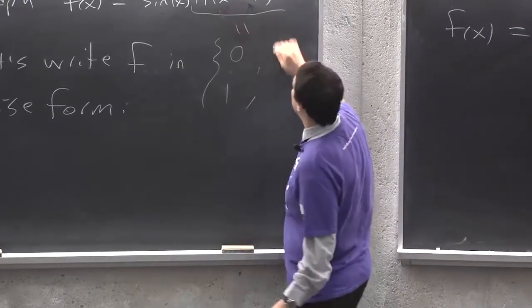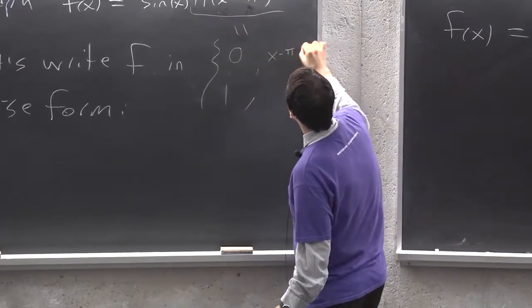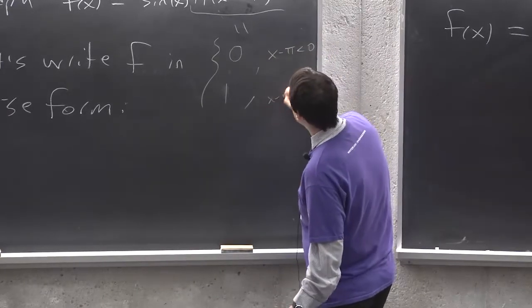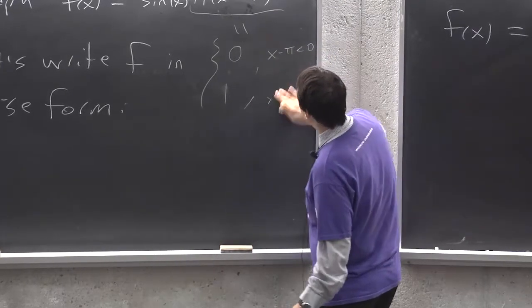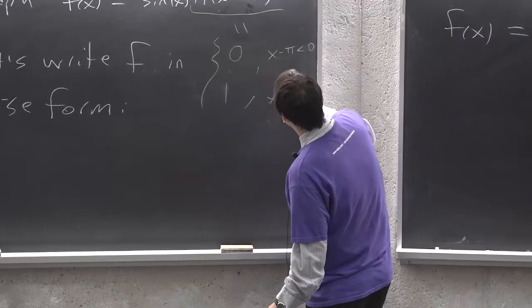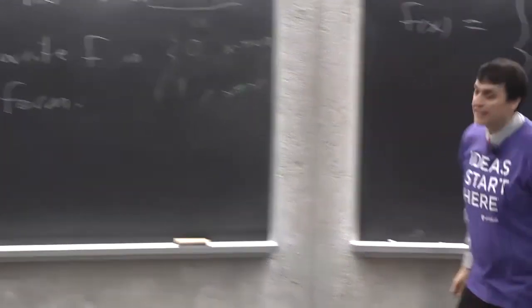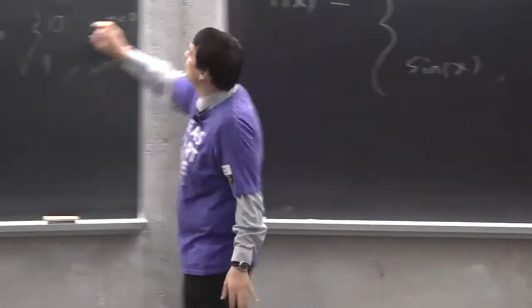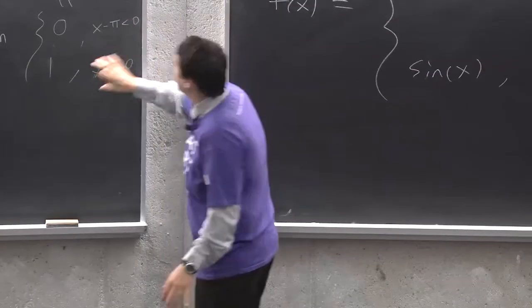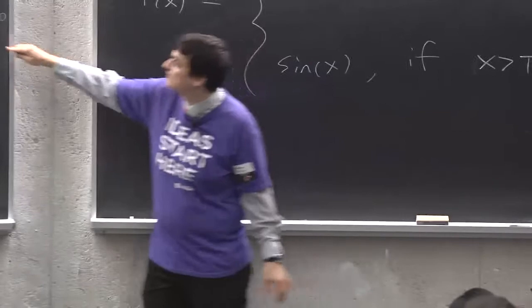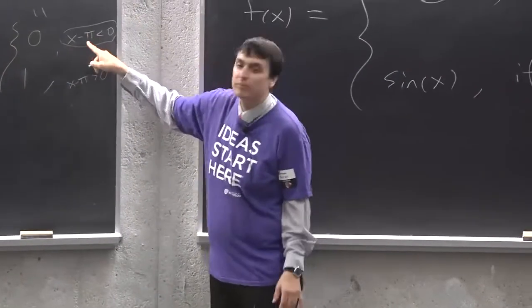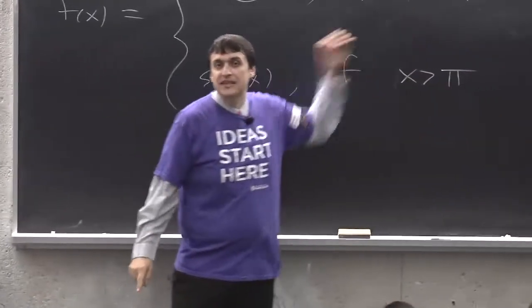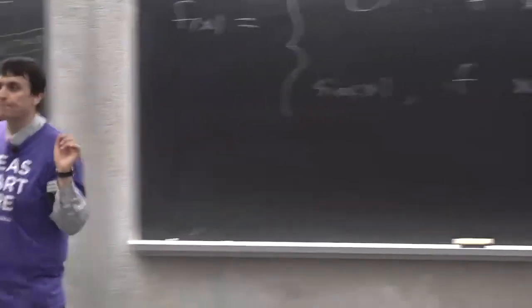You're inputting x minus pi. So there it is in black and green. That's the intermediate step that I didn't really write. So 0 if that's less than 0, and 1 if that is greater than 0. And then I translated this, because it looks too complicated, into x less than pi. Okay?